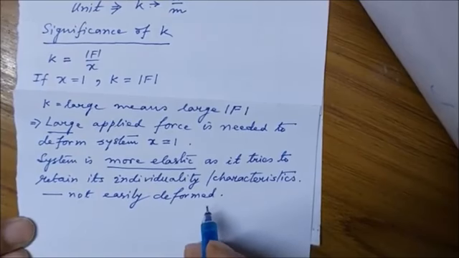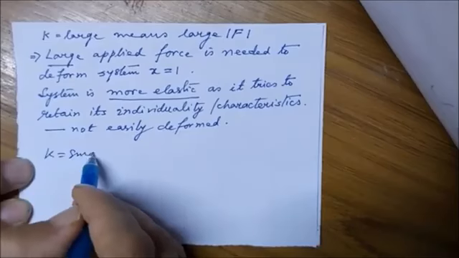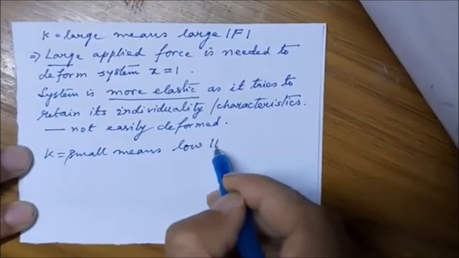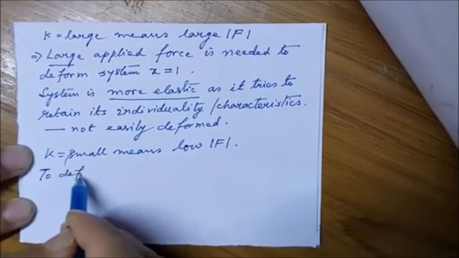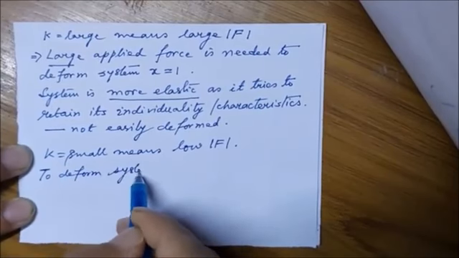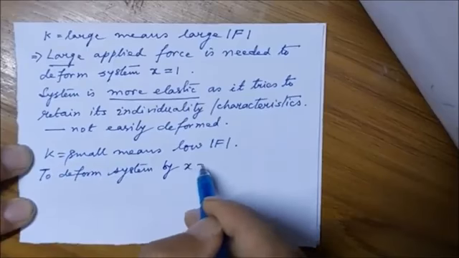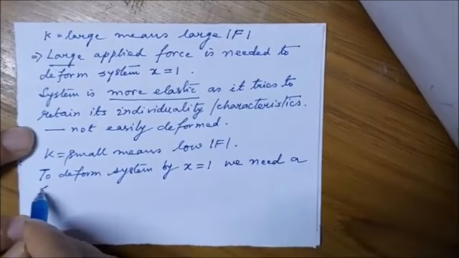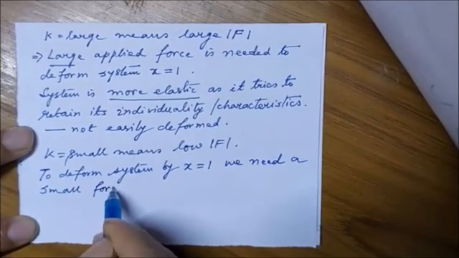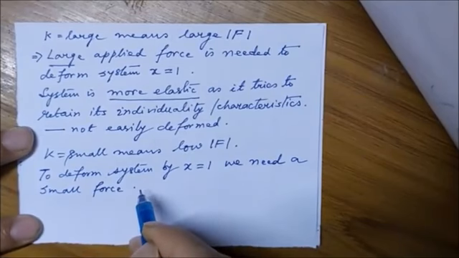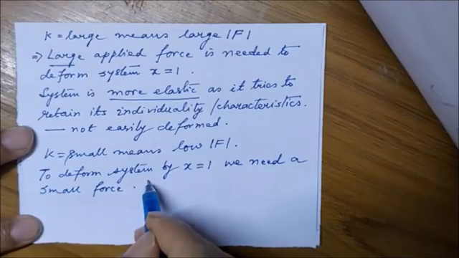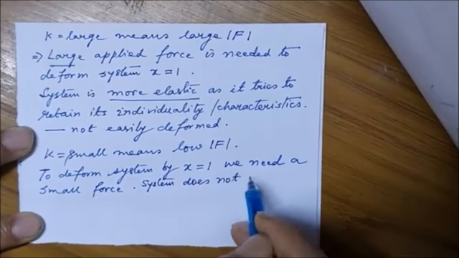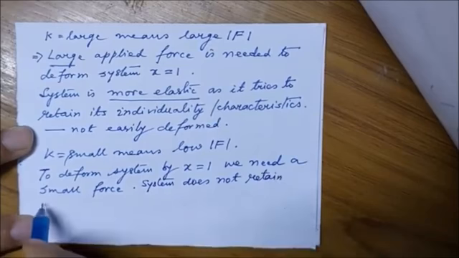We have to make it listen. Again, k small means low mod f. To deform the system by the same amount, say x equal to unity, we need a small force. Since the system listens to us easily, the system does not retain its characteristics.